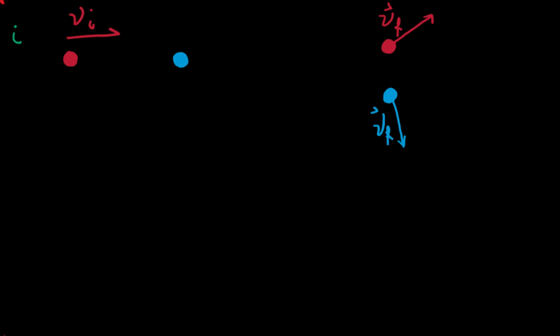Now, to make the discussion easier, I'm going to call this one the red ball, ball number one. I'm going to call the blue ball, ball number two. And I'm going to call this situation right here the final state.